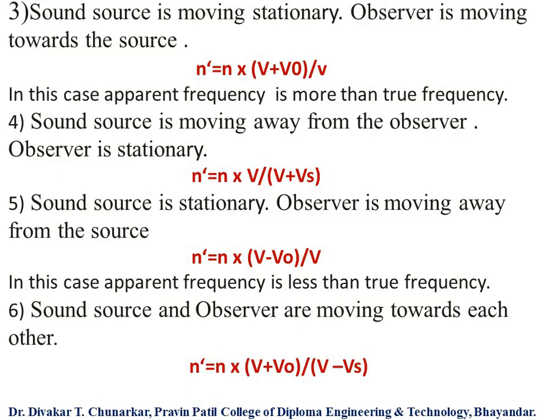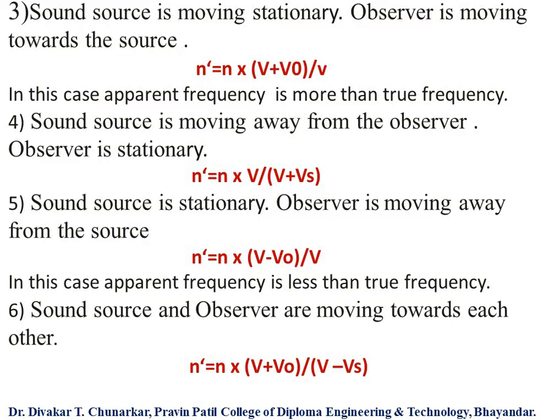Sound source is stationary and observer is moving towards the source. Here n dash equals n into (v plus v0) upon v. In this case, apparent frequency n dash is more than true frequency.